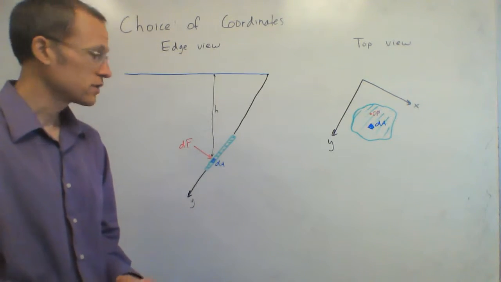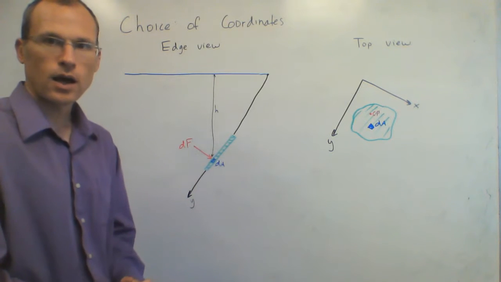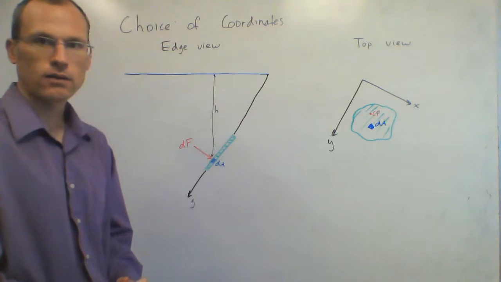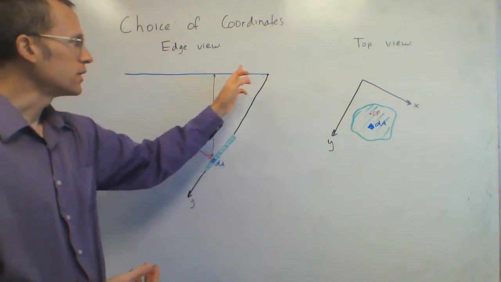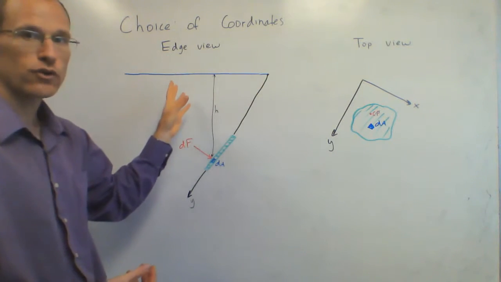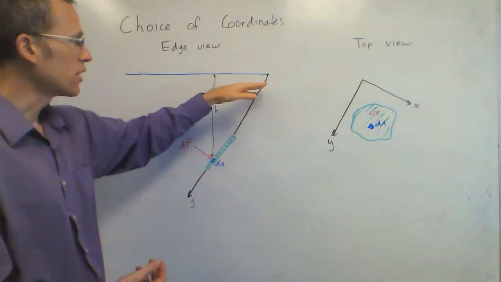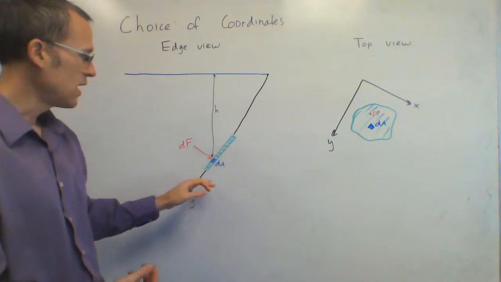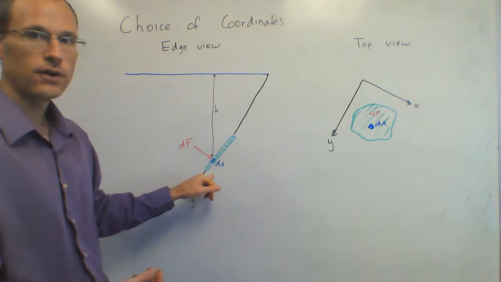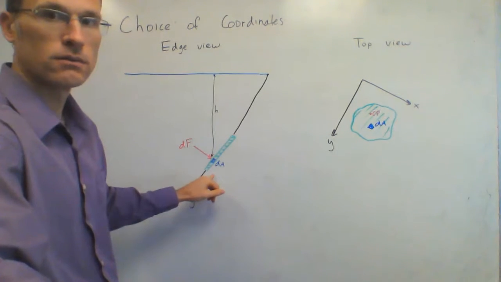So to figure out the force on this angled plate, the way I'm going to do that is with a coordinate system that starts at the top of the fluid. So if I have a big tank of water or something, at the top of the water is where my coordinate system starts, and that's going to go down through the fluid at the same angle of this plate.